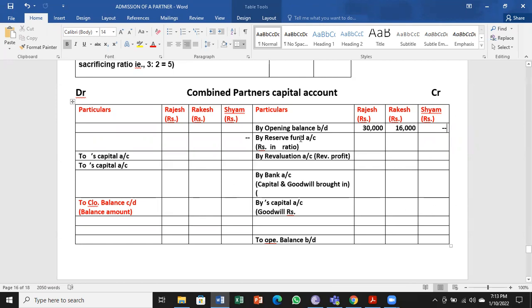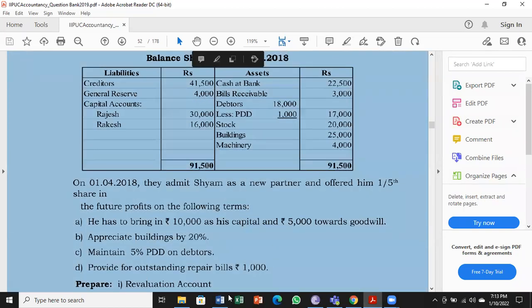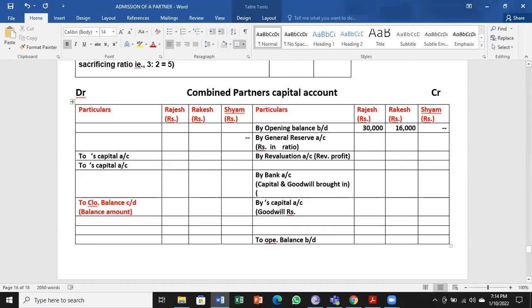Then instead of reserve fund, we have here general reserve. General reserve you find on the liabilities side, 4,000 rupees here. This 4,000 to be divided among partners in the ratio, remember again the same 3:2: 2,400 and 1,600. Very good.